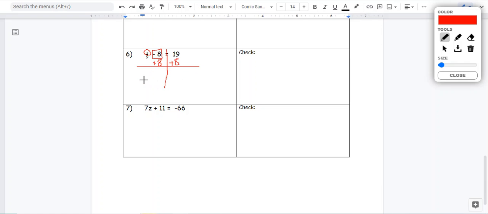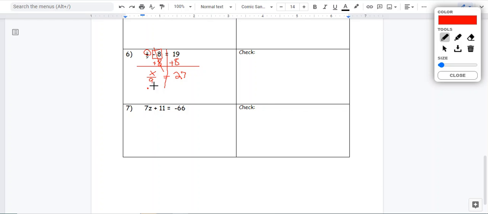Now I'm going to bring down what's left after I add 8. When I add 8 on this side, it cancels out the minus 8, and now all that's left is the x divided by 9. On the right side, 19 plus 8 more will give me 27. Okay. Now our next step with division should be to multiply by 9 on both sides.